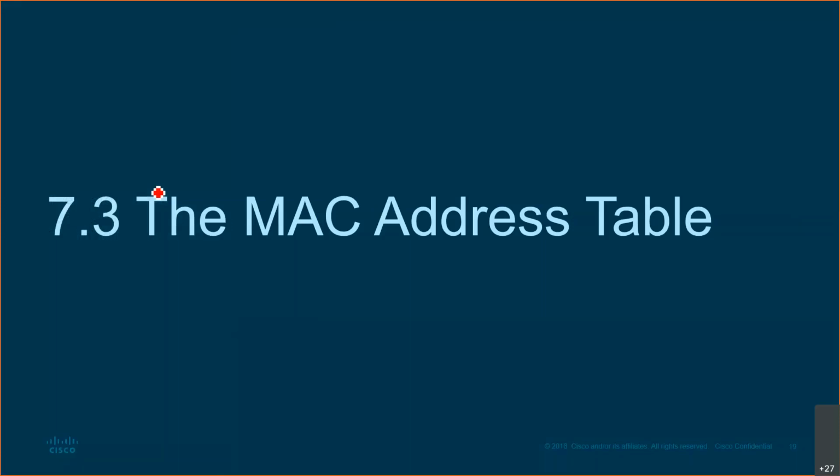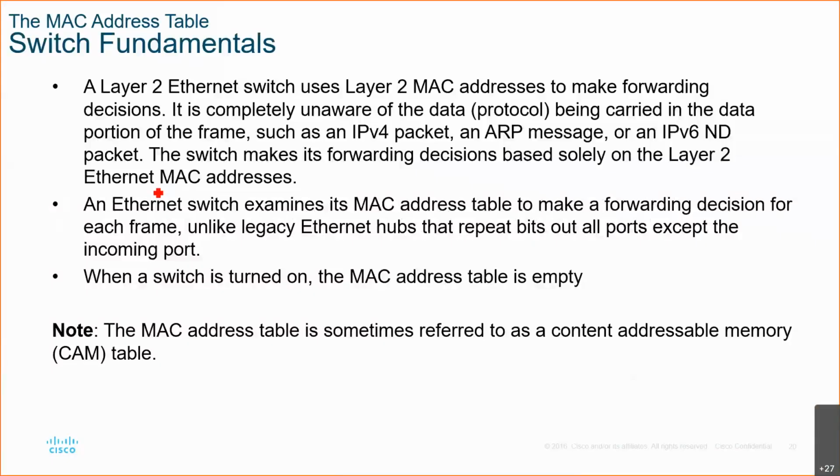That table is known as the MAC address table. You have it in every switch. There's a correspondence of the MAC address with the logical IP address. If it's IP version 4, we call it ARP, and if it is IP version 6, we call it neighbor discovery.